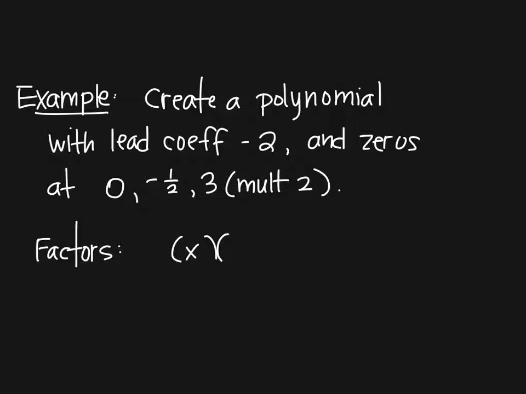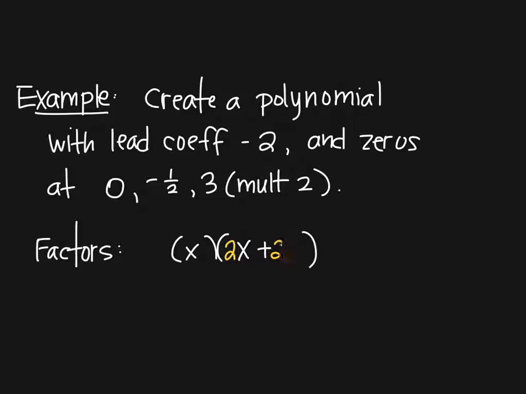What is my second factor? 2x plus 1. Again, if you're not sure about that, start out writing it as x plus half, and then double everything so that you can get rid of the fractions.